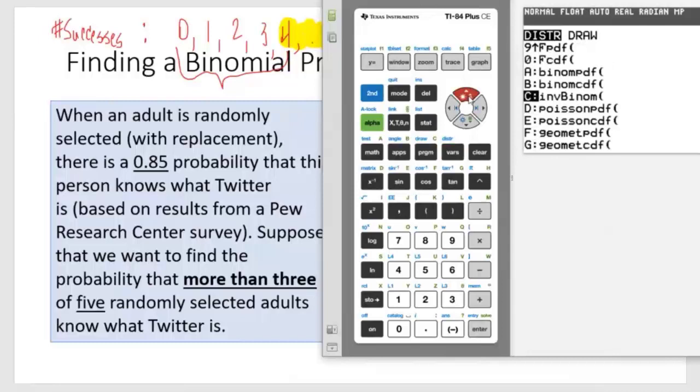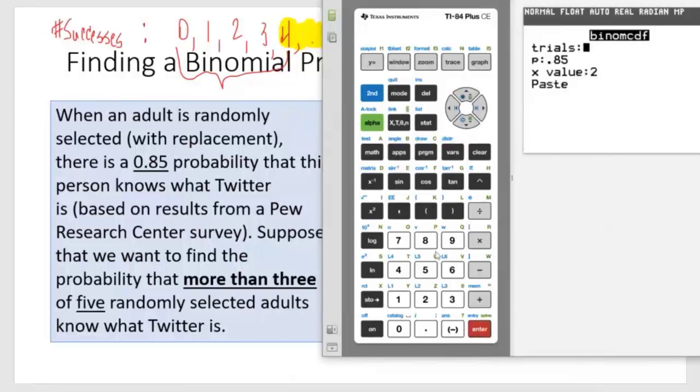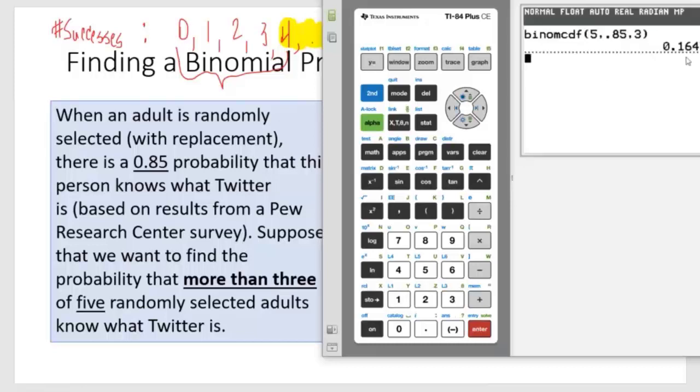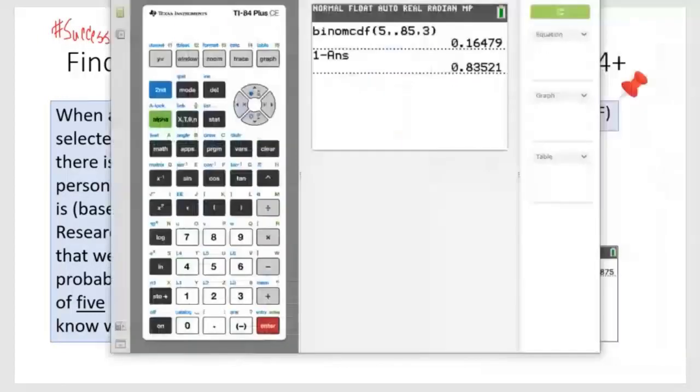So I'm going to my CDF, and you notice it keeps the numbers that I had in here before, but I'm going to tell it, please go ahead and add up through 3. I guess you have to tell your calculator, please. But if I add up through 3 and I get an answer, that's the part I don't want. But since all probabilities add to 1, I can do 1 minus that answer, and I get the probability of 0.835.